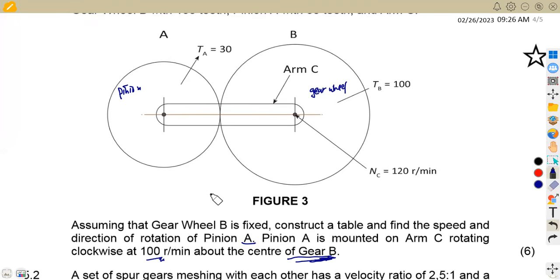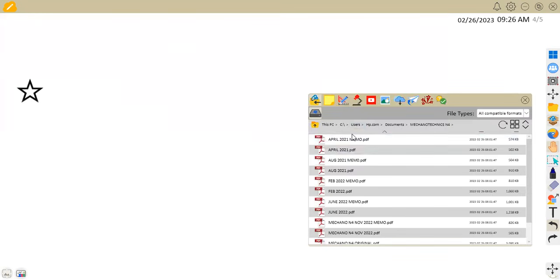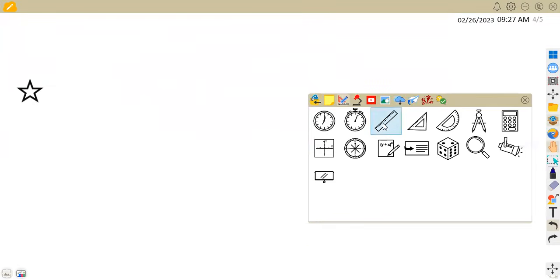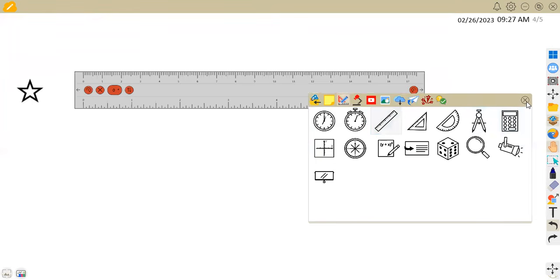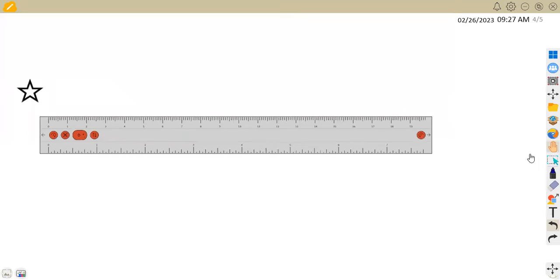So this is what you're going to have. Remember, we are asked to construct a table. So this is what you do. Remember, your table consists of the number, the condition, then the gear drives that you have. I'm just going to put a ruler here so I hope it's going to be clear. So I'm just going to quickly represent this one.